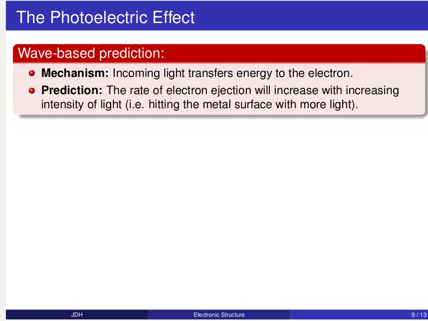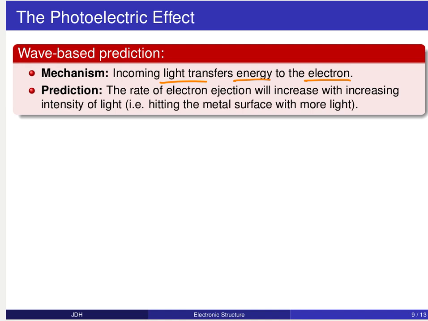Now, this observation in and of itself wasn't particularly alarming. In fact, with this wave-based explanation of what light is, we come up with a prediction where the mechanism of action is an energy transfer process, where that incoming light is transferring energy into that metal, and if there's a sufficient amount of energy, that electron is then kicked out and you get that current.